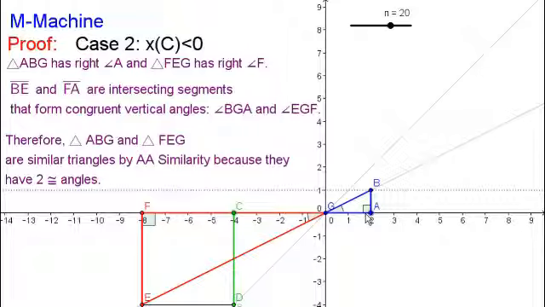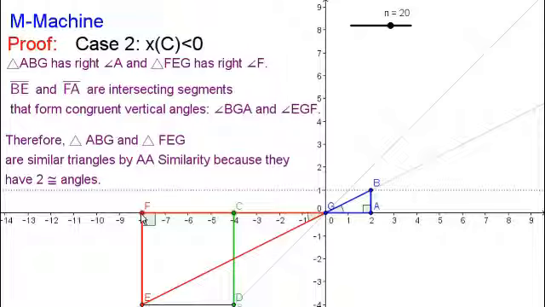Triangle ABG has right angle A, and triangle FEG has right angle F. But in this case, segment BE and segment FA are intersecting segments, and they form congruent vertical angles. Angle BGA and angle EGF are congruent vertical angles.